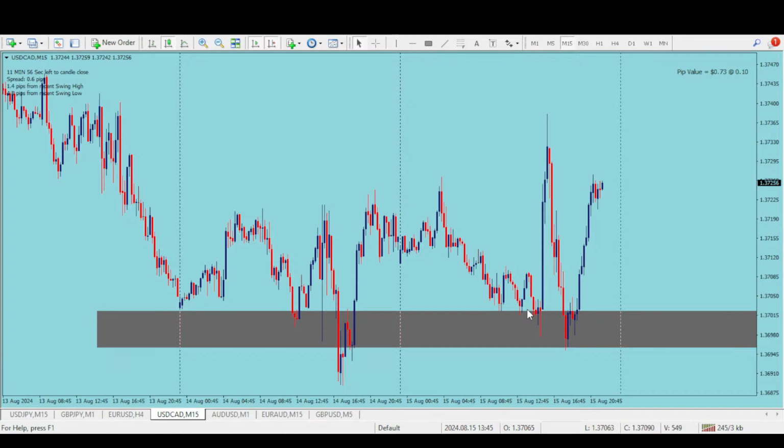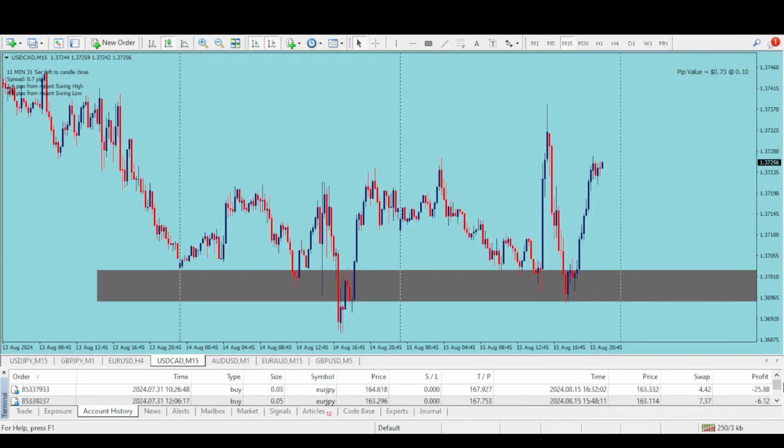Okay. Let me go to history. This is a long-term trade I entered during that time. What do you call it? JPY.